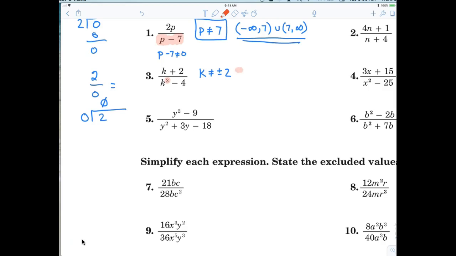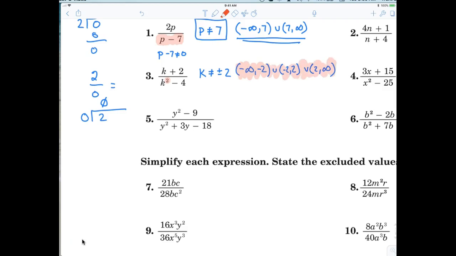So we would say all values from negative infinity to negative 2, union negative 2 to 2, union 2 to infinity. That's how most high schools would have you write the answer.